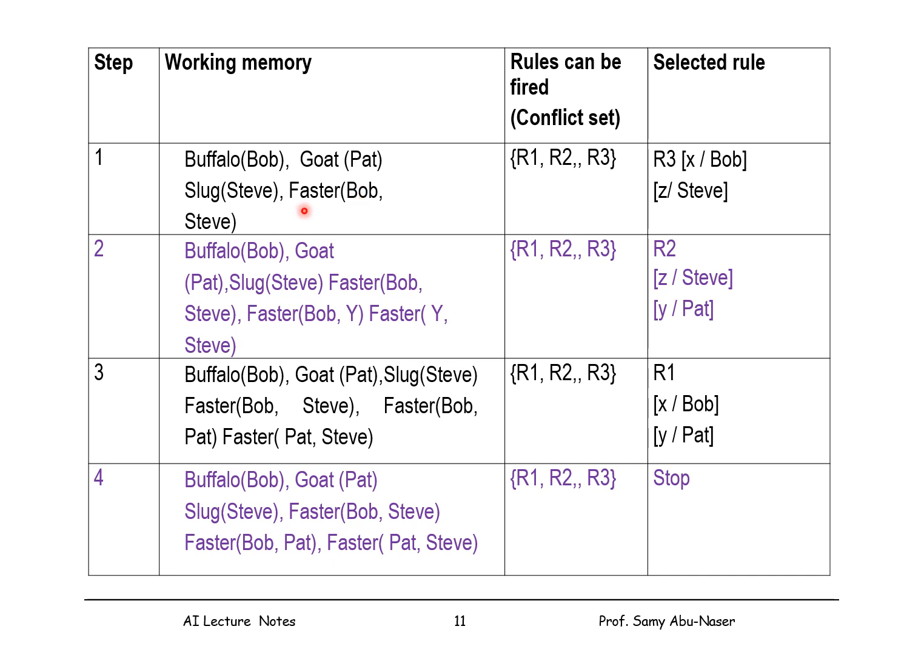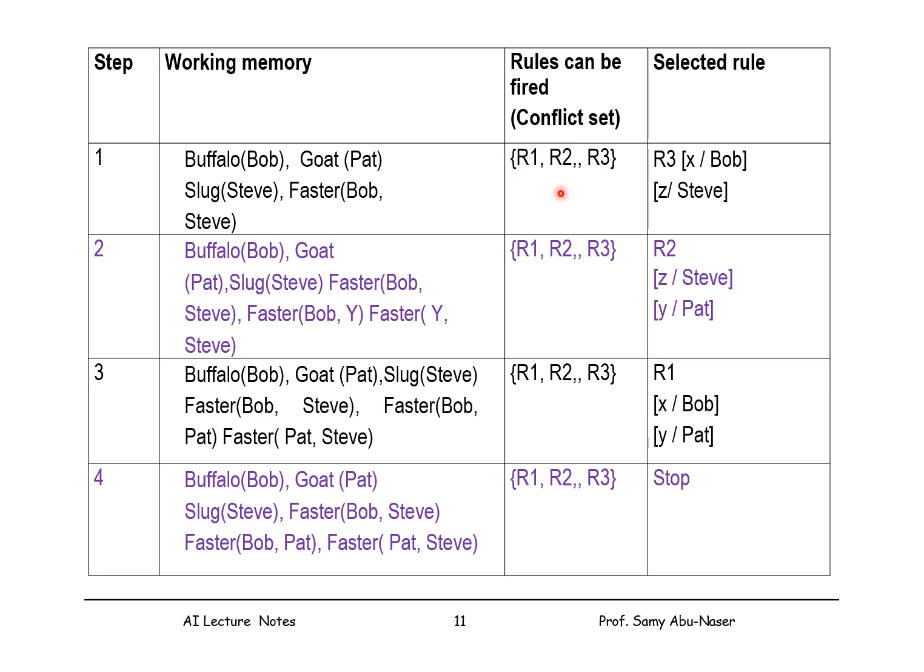We also find Faster Y and Z in the second rule, and we find Faster X and Y in the first rule. So Faster is found on the right hand side of the three rules. So the three rules can be fired at the same time. We call this conflict set.